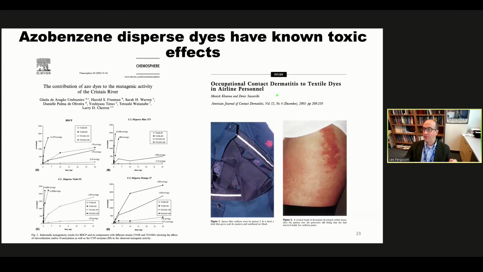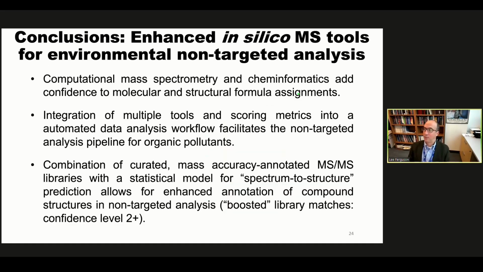These are known mutagens, so they're mutagenic in the environment, and there are also indications that they cause contact dermatitis through exposure through textiles, through clothing, for example, airline personnel. So we're following up on these compounds, but it's an example of where we're able to use these tools without spectral libraries to successfully annotate exposure-relevant compounds.